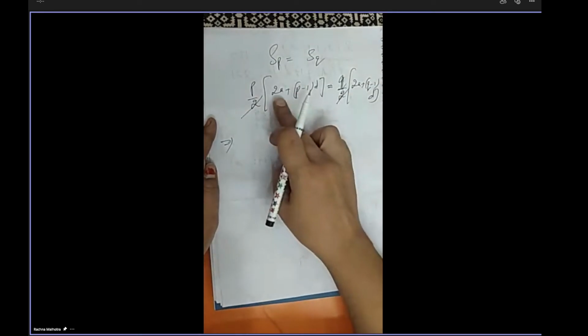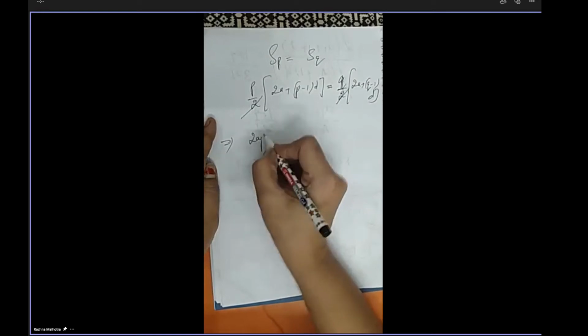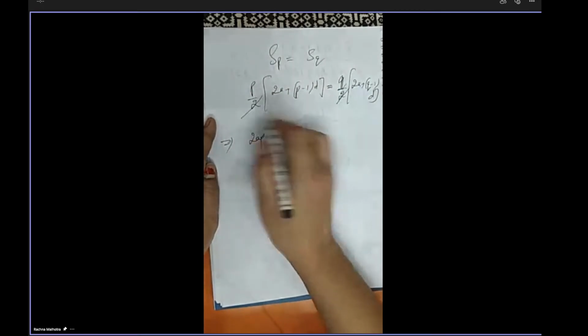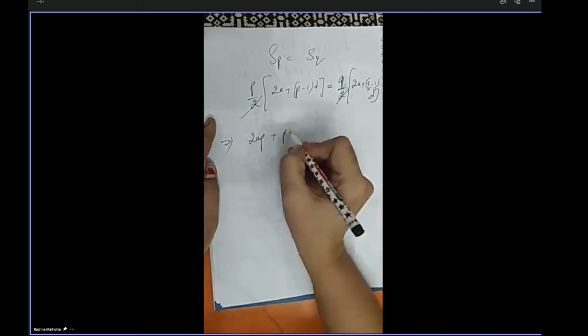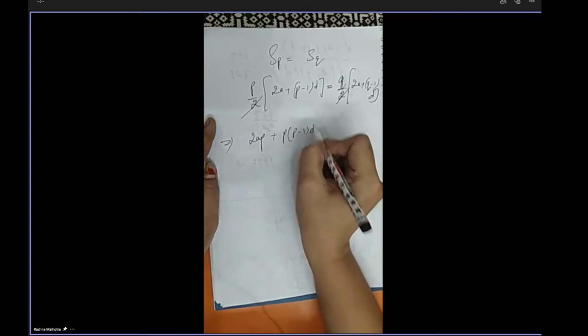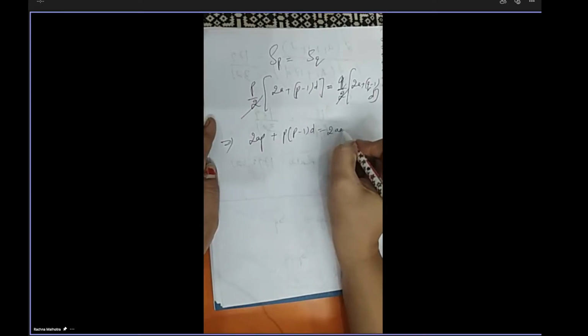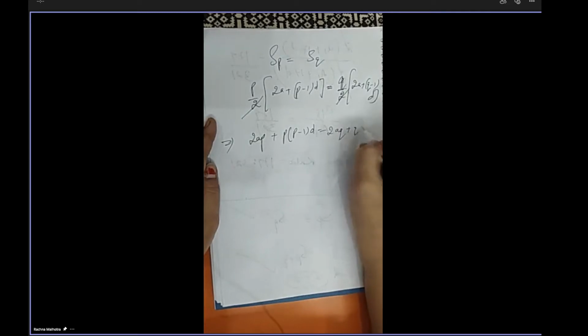Only 2. We don't have any other option for solving this, so you just multiply 2aP with this bracket. So that is P multiplied by P minus 1 d, and this side you can see 2aQ plus Q into Q minus 1 d.